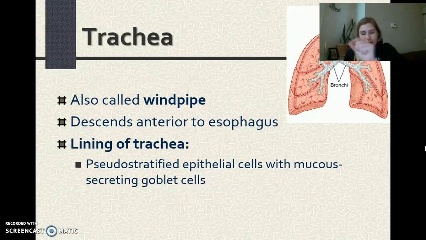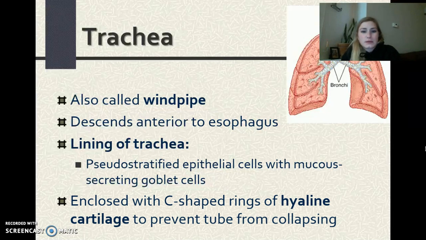It's just that different cells have different layered nuclei. And we have lots of mucus in this as well. So once again, we're doing this to warm and moisten that air that is going into our lungs. And then around the trachea, we have these C-shaped rings with the hyaline cartilage in order to make sure that the tube does not collapse in on top of itself.